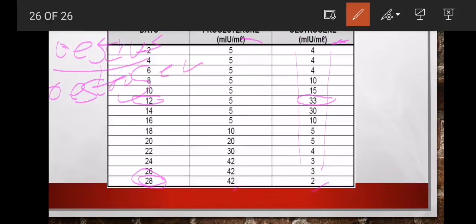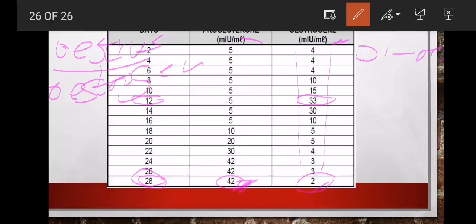When you check here, you have estrogen, you have progesterone. Progesterone is high here. Then which stage did we say the progesterone will be high? We said it's di-oestrus. So it means day 28 is di-oestrus. Why? Because the progesterone level is at its peak.